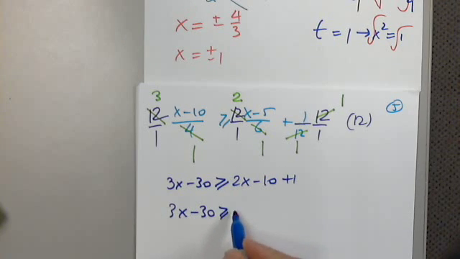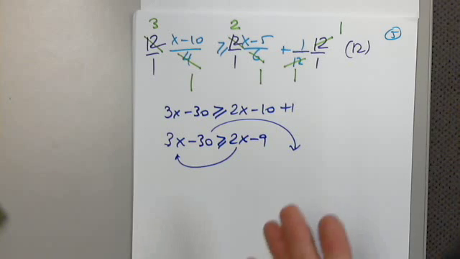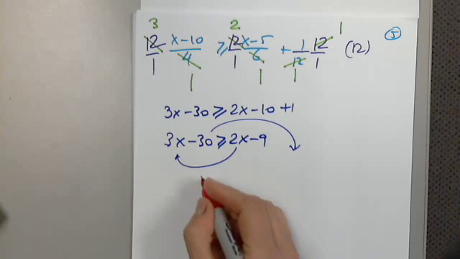3x minus 30 greater than or equal to 2x minus 9. And then it's, I think, a good habit, again, to move terms around and not have to write so much. So when I move 2x from the right to the left, it becomes negative. So 3x minus 2x will be good.